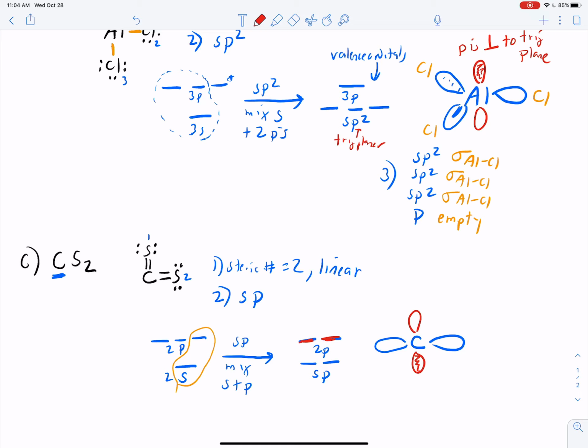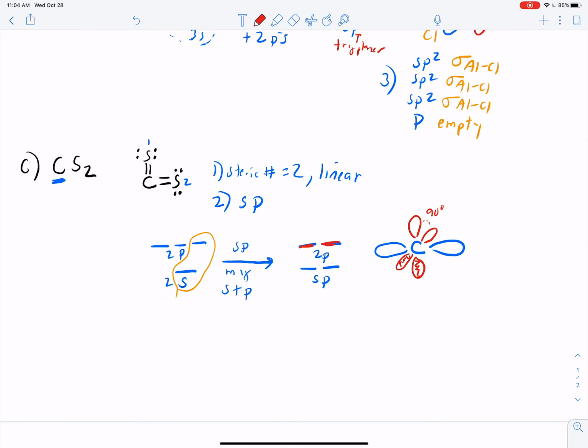The other one is going directly back into my screen and directly out of my screen. So I'm going to draw it this way. It's turned on its side, rotated 90 degrees from the first p orbital. That's the arrangement of the valence orbitals at that carbon. The 4 valence orbitals I need to worry about here are sp, sp, p, and p.